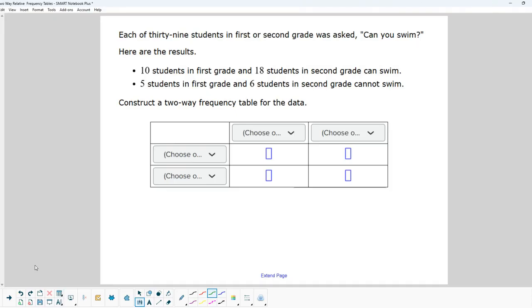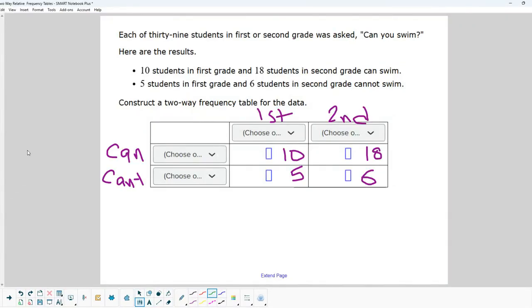On this last one, this is one of the kinds of problems you'll see on today's assignment, where they'll actually give you some information up here and ask you to choose where to put the data on this table. So in this case, you've got people who can swim and who can't swim, and then you have a certain number of students in first grade that can swim and a certain number who can't swim, and vice versa. The same thing in second grade.